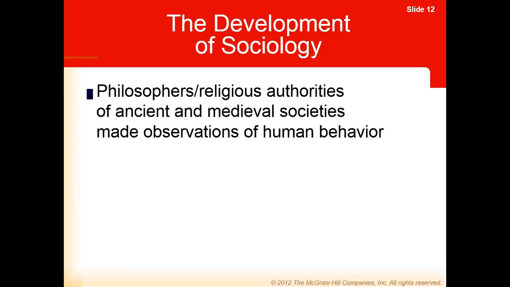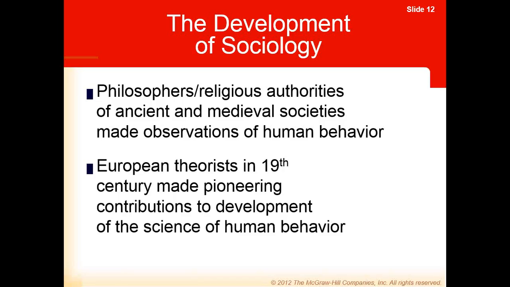But even beyond that, poets made observations about human behavior. Historians made observations about human behavior. These are some of the social sciences, or some of the sciences and arts that extend back to the beginnings of human history.